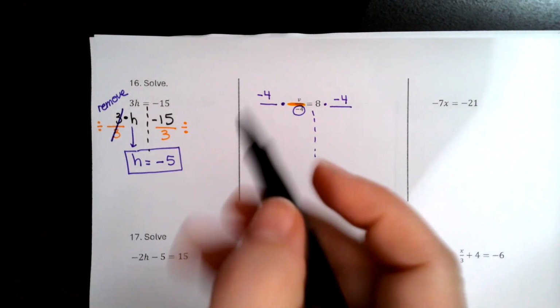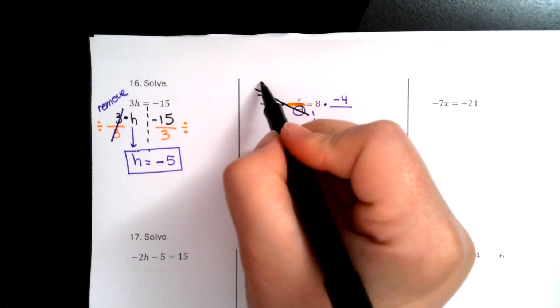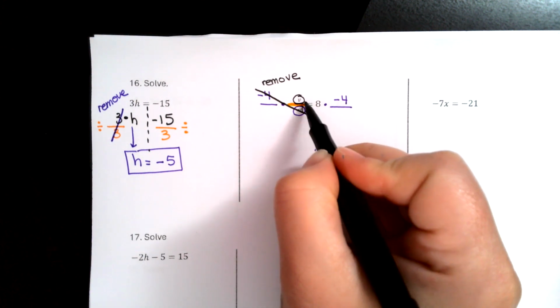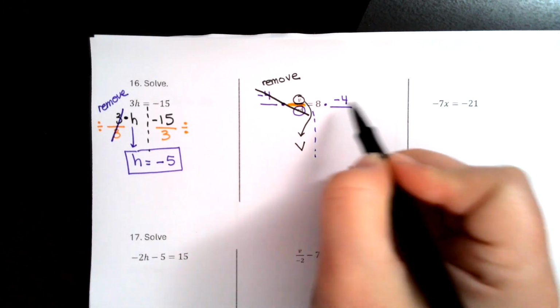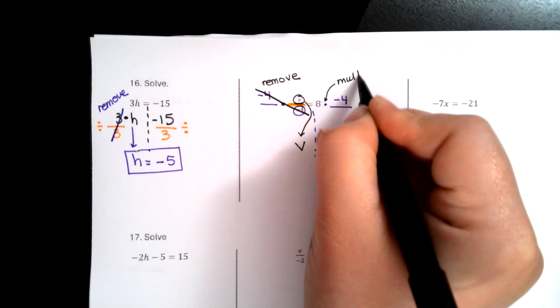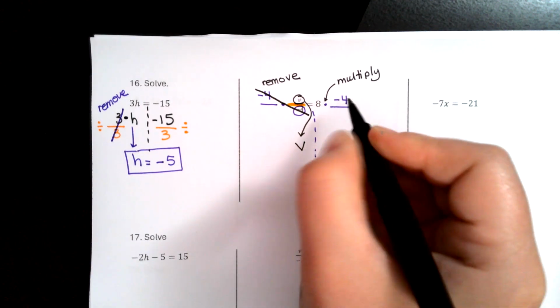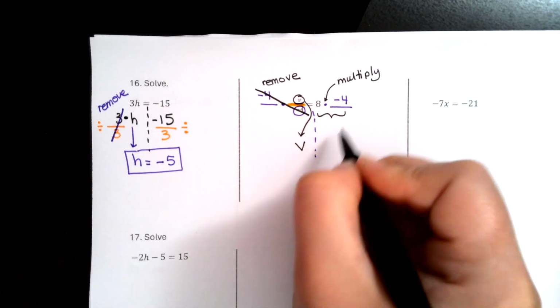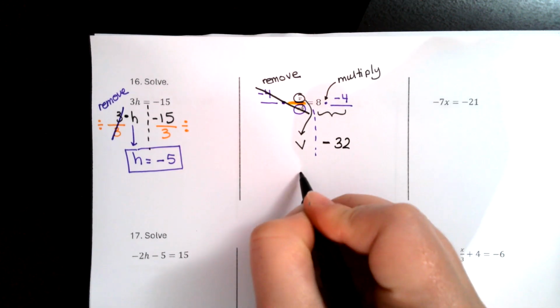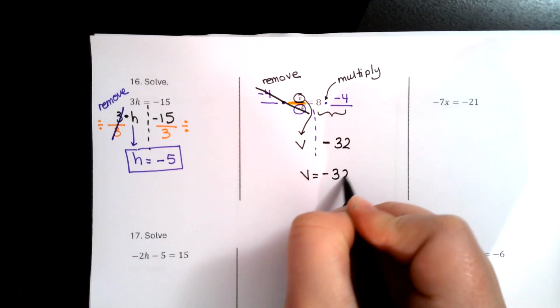Again, on one side, our goal is to remove that -4. We have left over v, and on this side, our goal is to multiply. Same or different? These are different, so my answer is going to be negative. And then use your multiplication for 8 times 4, which is 32. V is equal to -32.